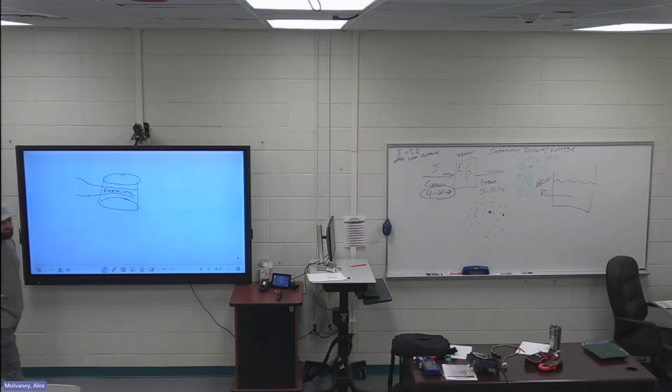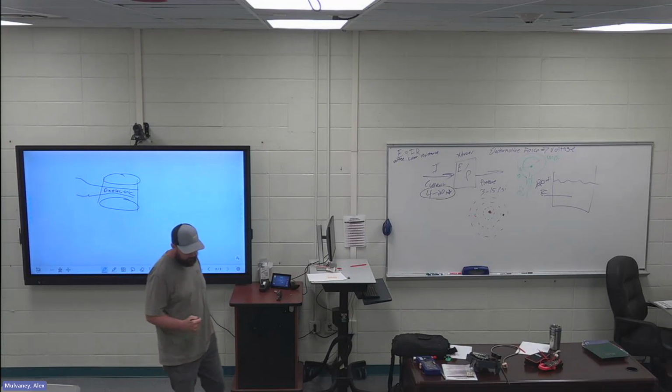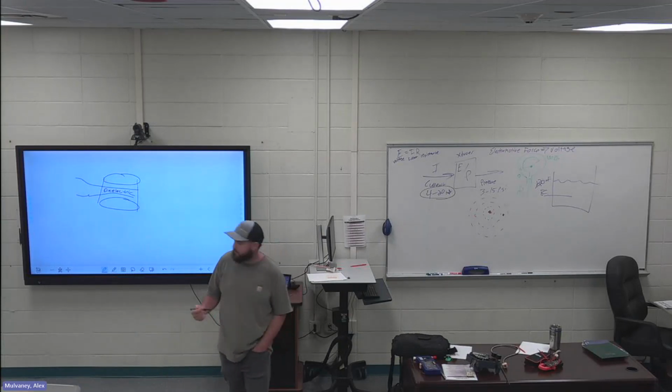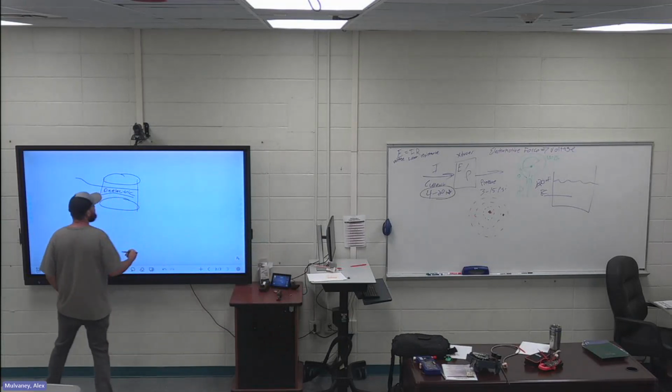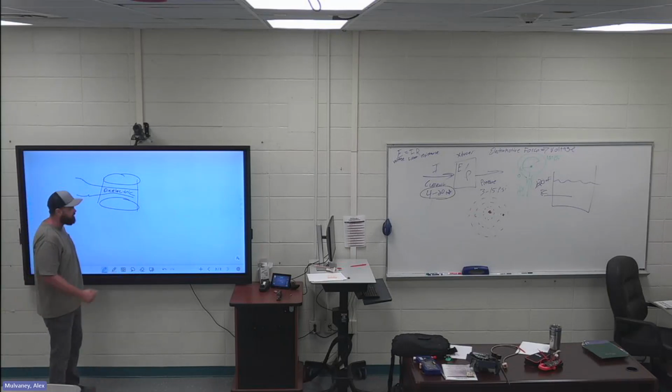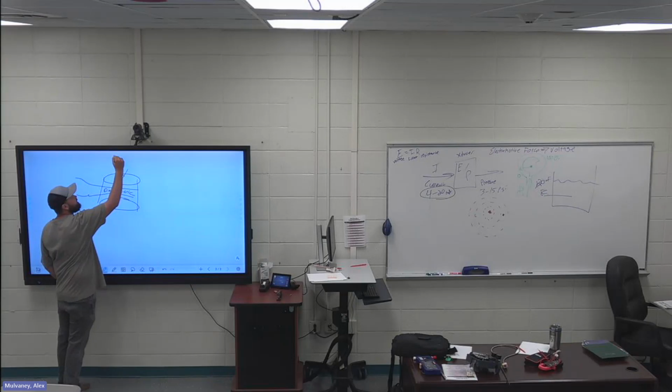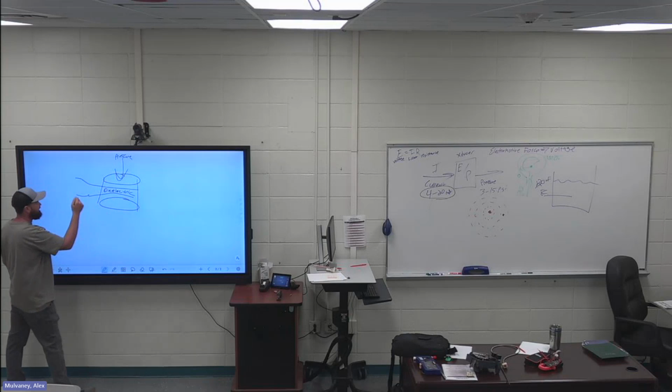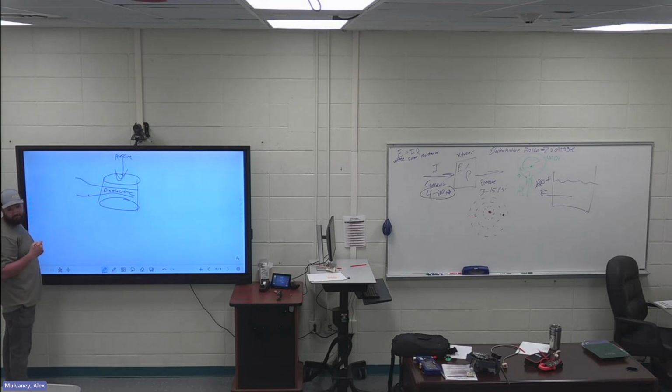So if I'm using this as a pressure sensor, all that means is if I had a scale and I had this underneath it and I step on it, my pressure is pushing right here. It's pushing these plates together, and then the capacitance is measured in what?